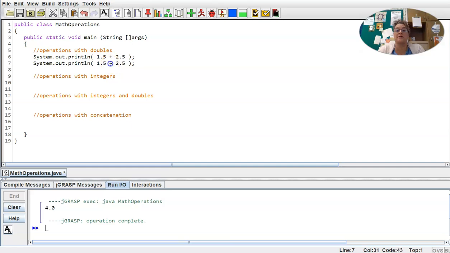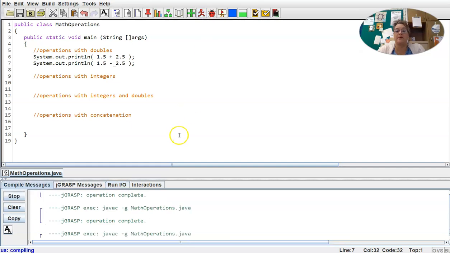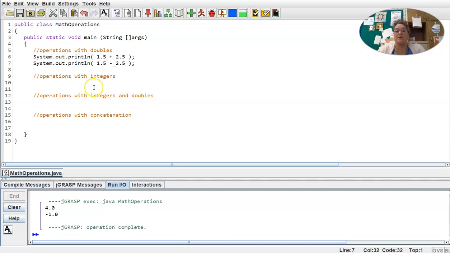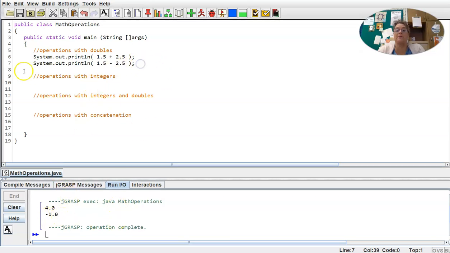with subtraction. So when I subtract a double from a double, I'm going to get a double back as my answer. So we'll go ahead and run that, and we can see we get 1.5 minus 2.5 equals negative 1.0.